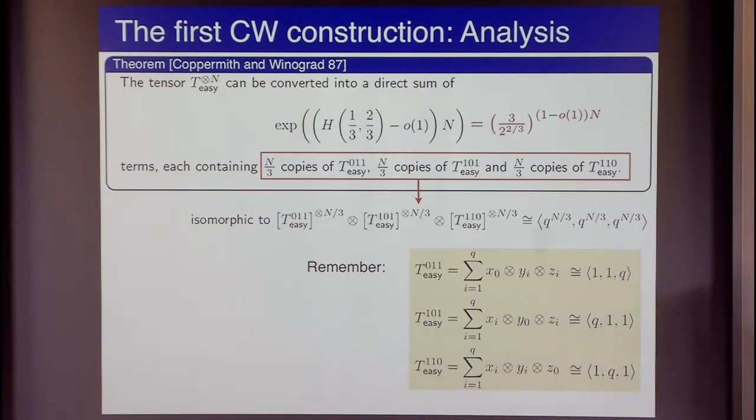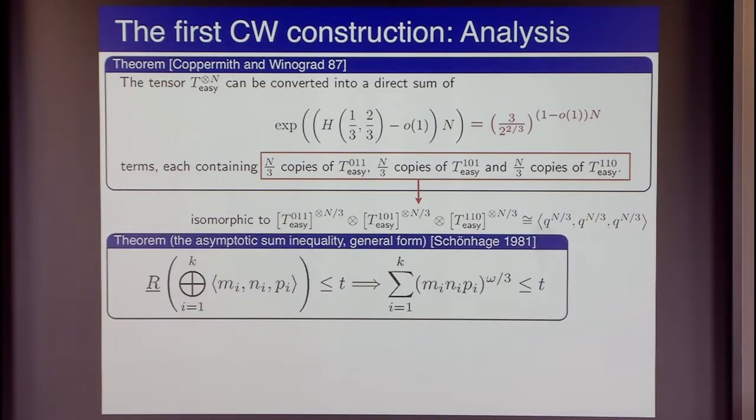And then you can use the asymptotic sum inequality, and we compute that this gives you this. Because we have this term here, and we know that m_i, n_i, p_i are all equal to q^(n/3), you obtain this inequality.